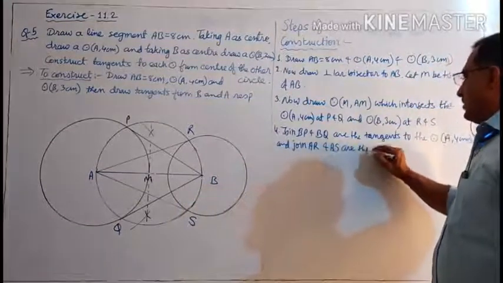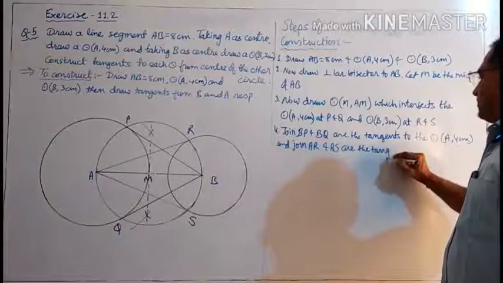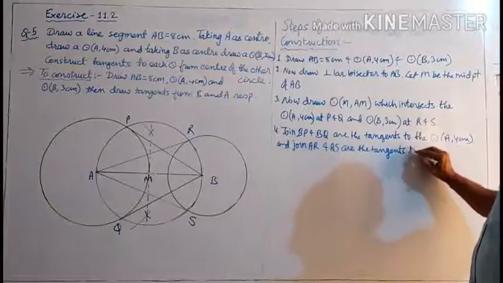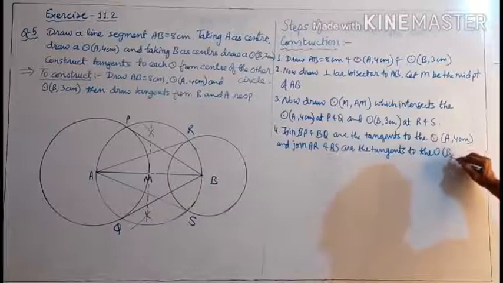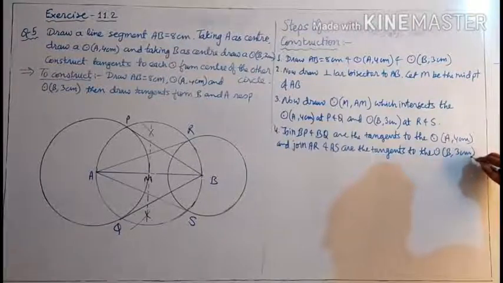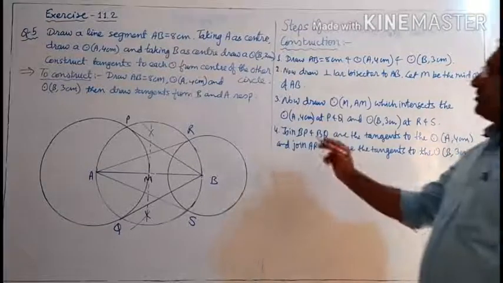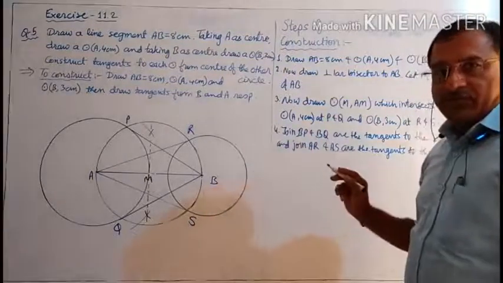AR and AS are the required tangents to the circle with center B and the radius 3 centimeter. So these are the required tangents we have constructed.